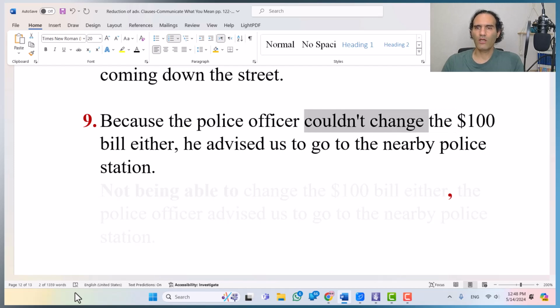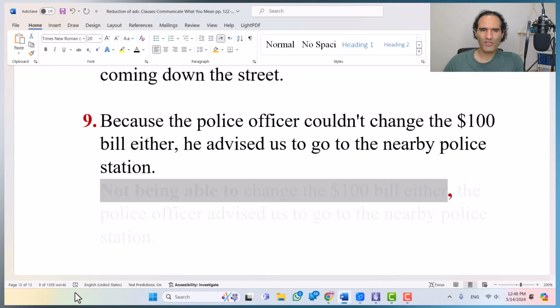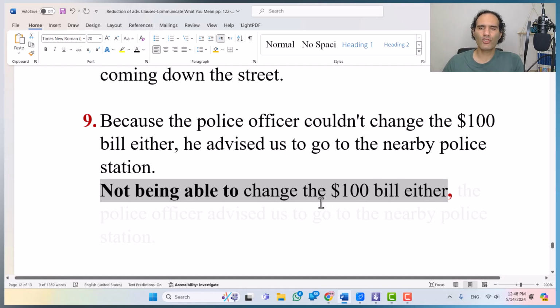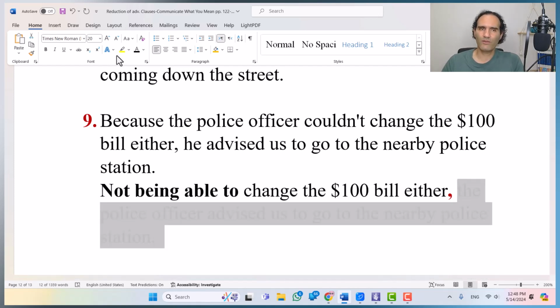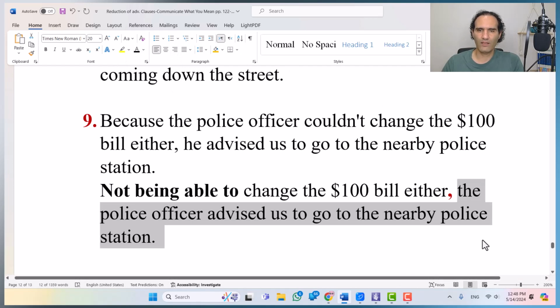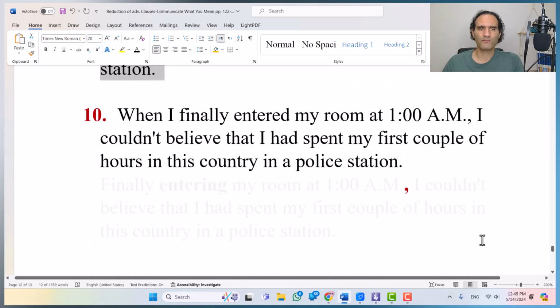Can you say couldn't changing? No. So what do you say? I want you to think. Very good. Not being able to change the $100 bill either, the police officer, rest of the sentence intact, advised us to go. Got it? A very beautiful example.